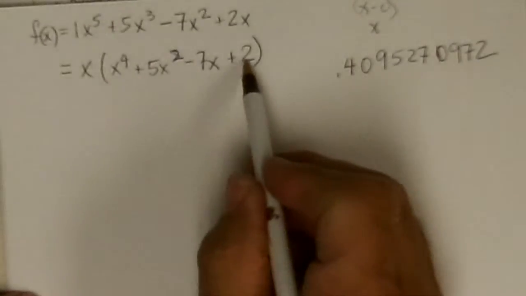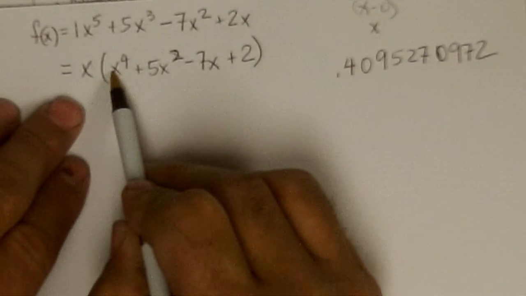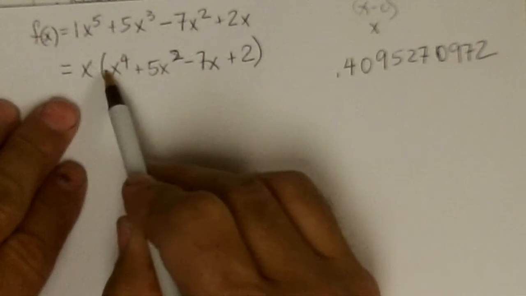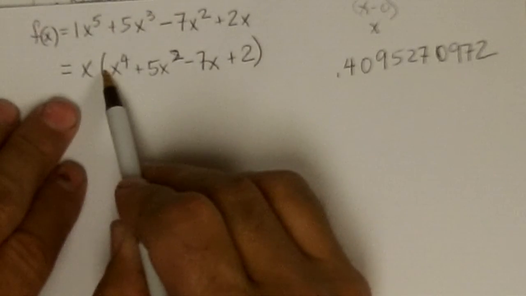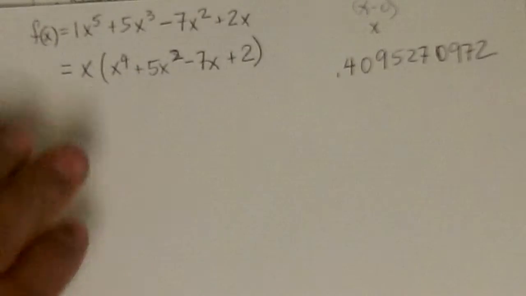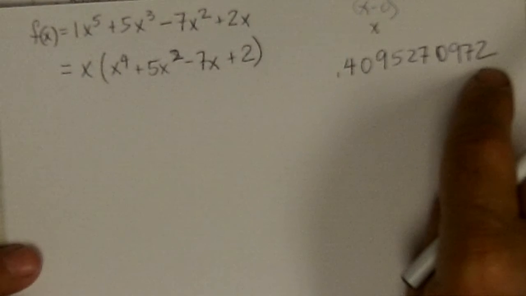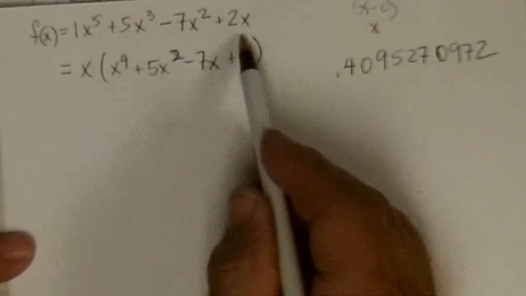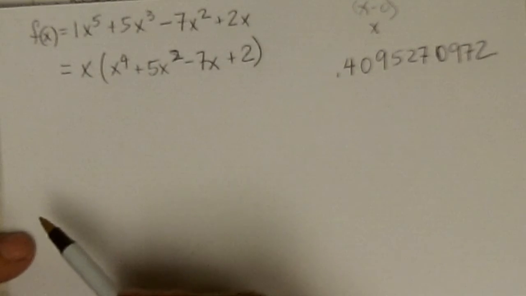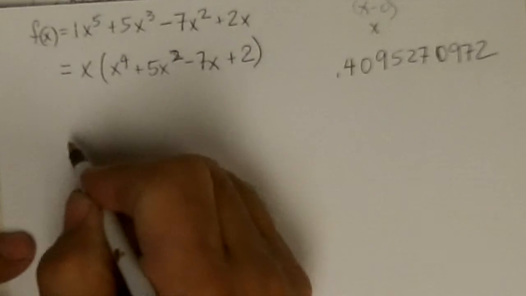The only fractions that this should have for zeros, if it's a rational number, is 2 over 1 or negative 2 over 1, or 1 over 1 or negative 1 over 1, and that's none of these. So this is not going to be a rational number. It can't turn it to a fraction. But I need to break this down further, so I will have to use this number in synthetic division.